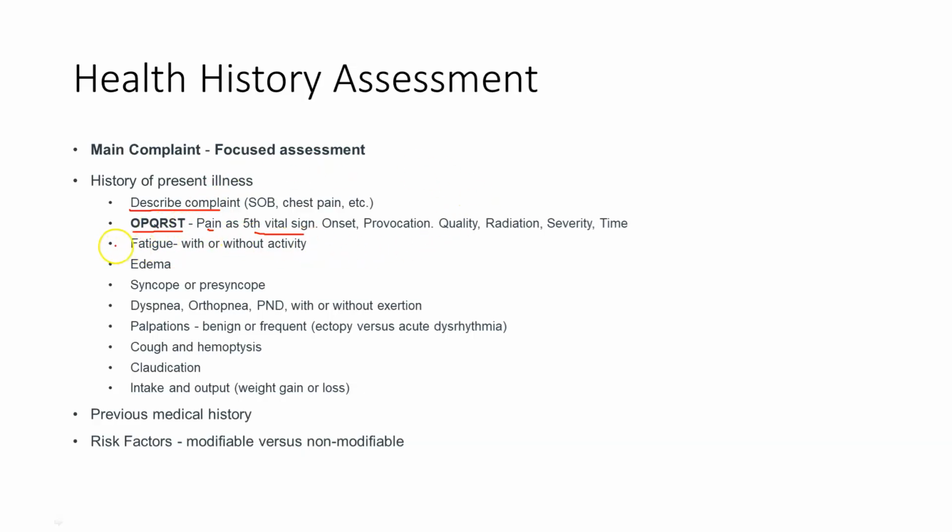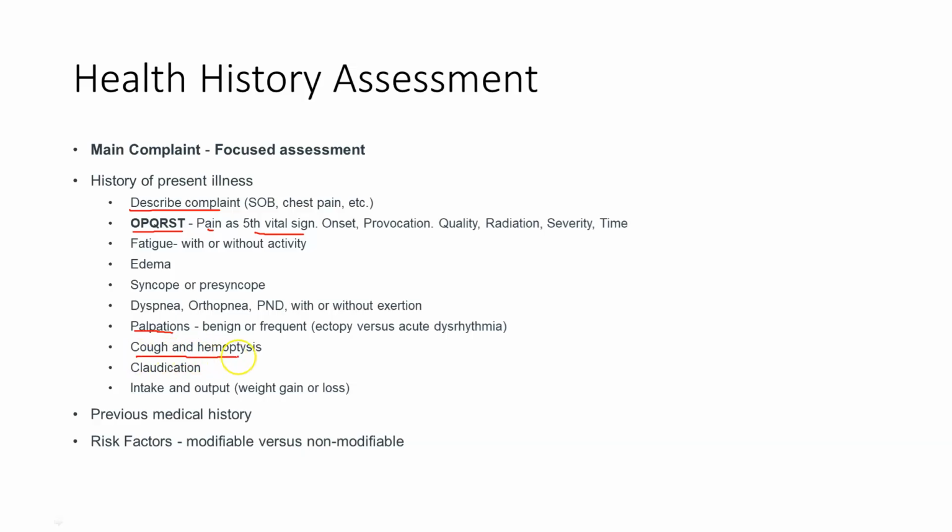Right? We can look for fatigue, especially if they're up and ambulatory doing something. Look for your edema. Ask them about any fainting spells, right? Feeling like they're going to faint. Any difficulty breathing at night, paroxysmal nocturnal dyspnea, right? They feel like they're having any palpitations, the heart is beating faster, or it feels like it's skipping a beat.